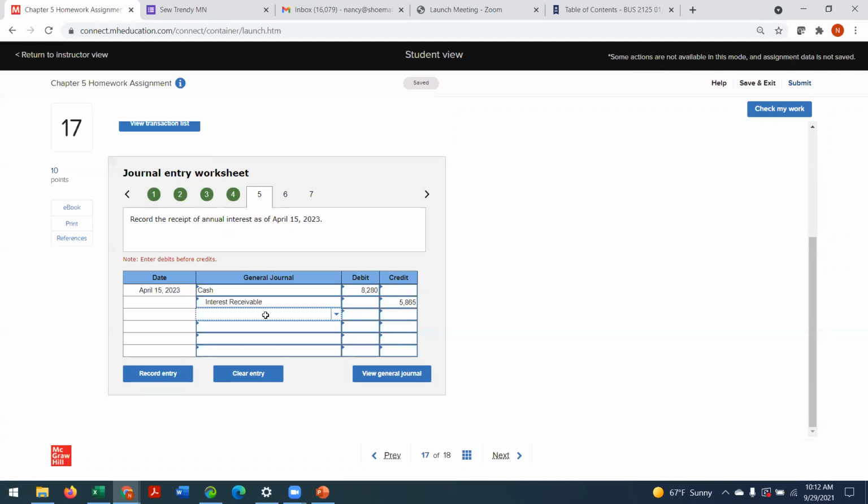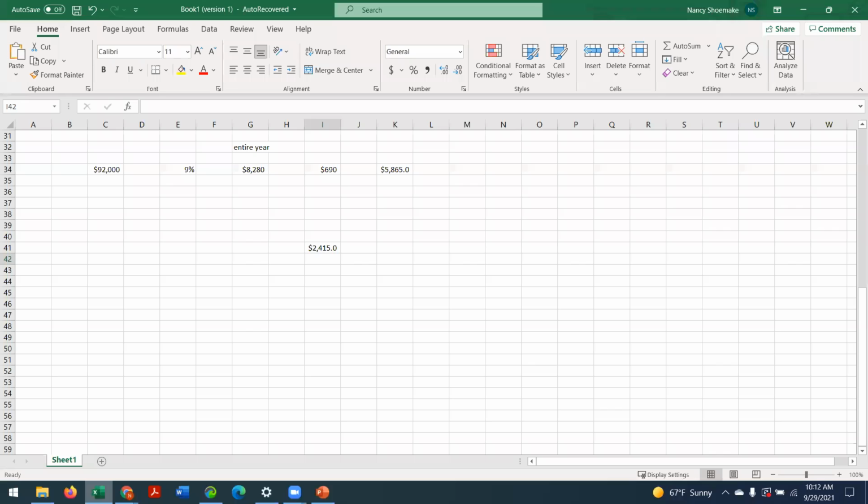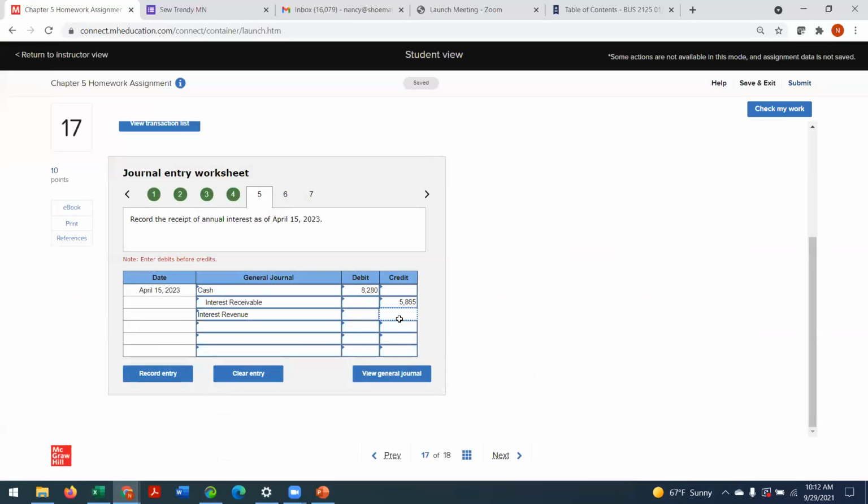And our interest revenue for the 3.5 months would be $24.15. Okay.